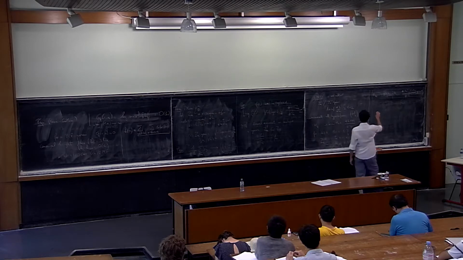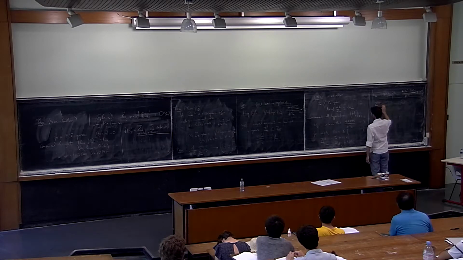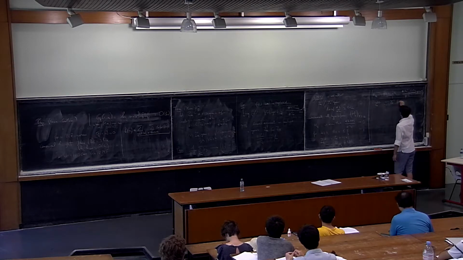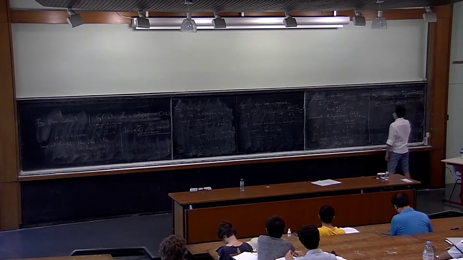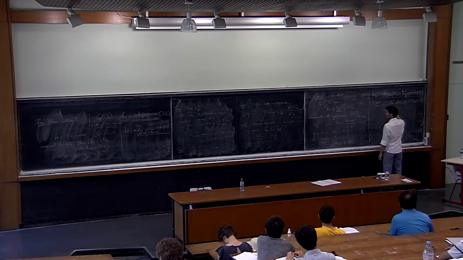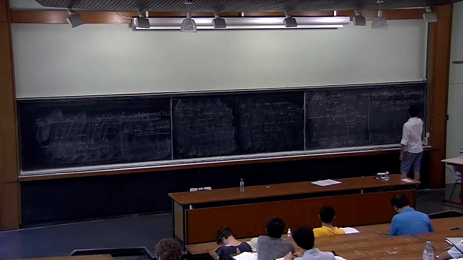And so you construct a sequence zk2, which is zk1 for k smaller than k2, and which is zk1 minus H2 for k bigger than k2.